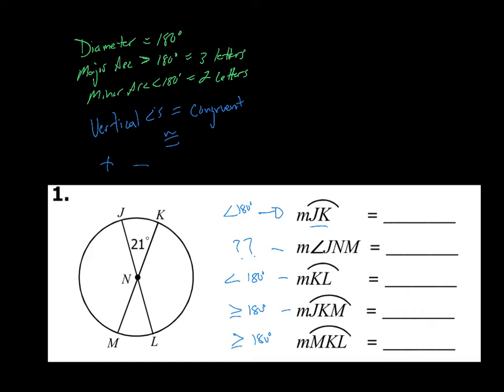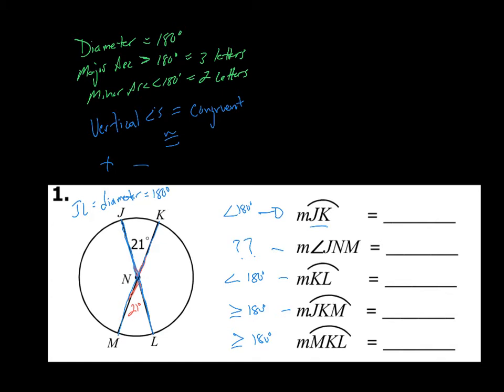So let's dive in. I look at this central angle right here. It's vertical to this central angle right here, so that's 21 degrees. Now I know that segment JL is equal to a diameter, which is equal to 180 degrees. And so is KM.